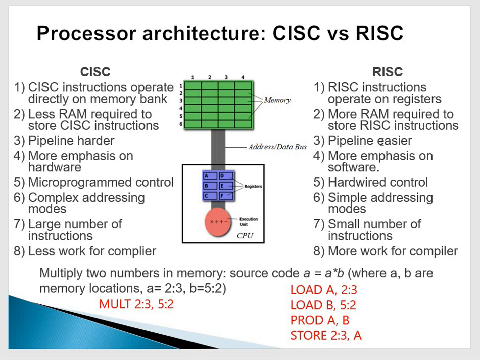So pipelining is easier in RISC, while in CISC pipelining is harder. Look at this. Although we will discuss pipelining in detail in the coming lectures, for now, the meaning of pipelining is when our processor wants to perform more than one task at one time. So that is called pipelining. In CISC, a single instruction is going to read data, execute, do memory read and memory write within that single instruction only.